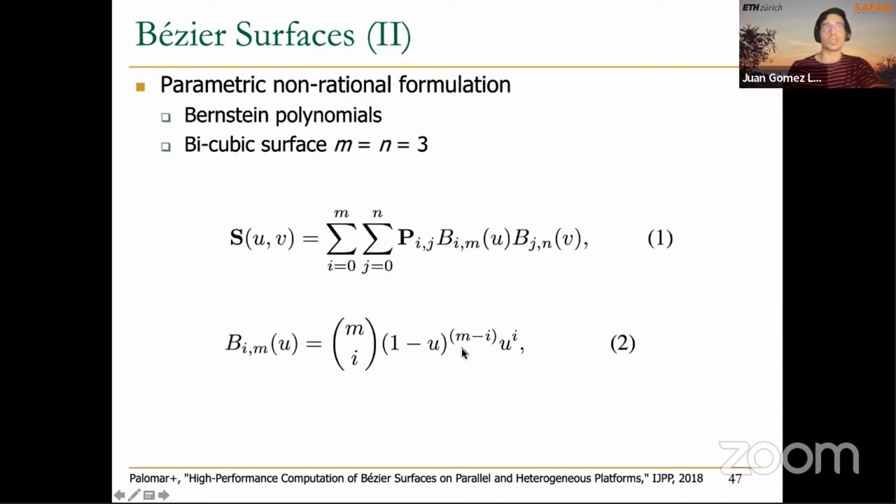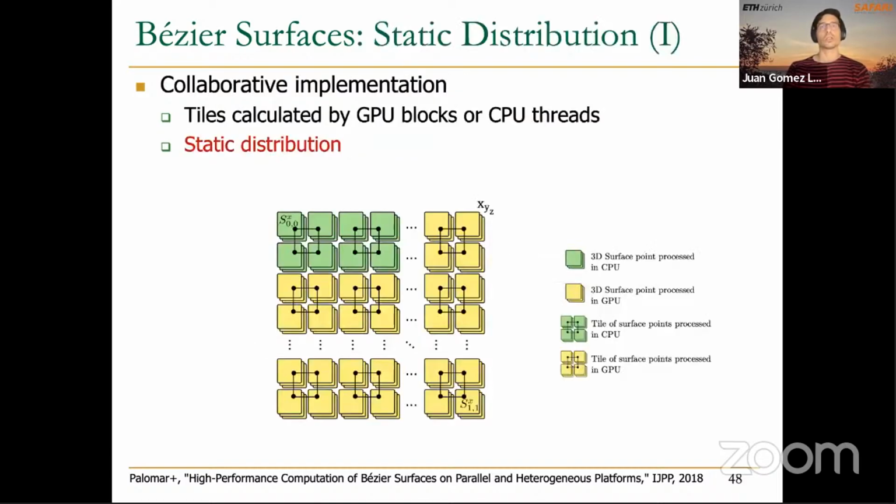The way to do it is using the Bernstein polynomials that we mentioned in the previous lecture, and depending on the values of the control points, we will obtain the points in the surface. The computation in these Bezier surfaces, as you can see here, is relatively regular. It's not data dependent or something like that. So the amount of computation for each point in the surface is the same.